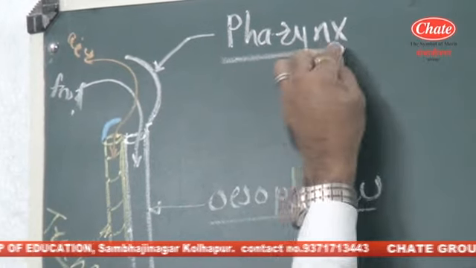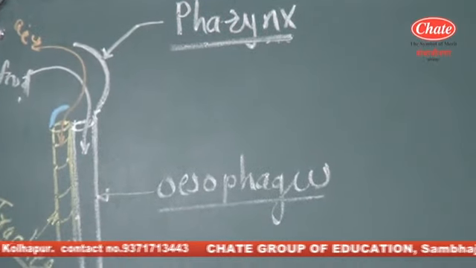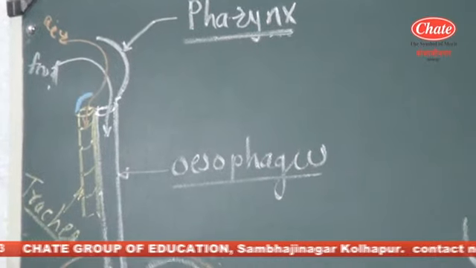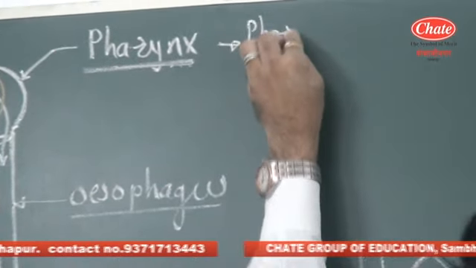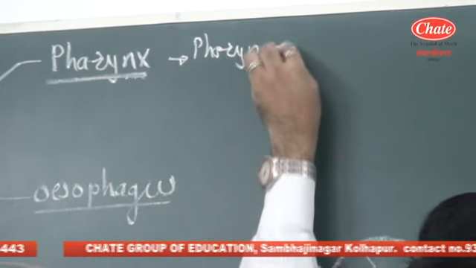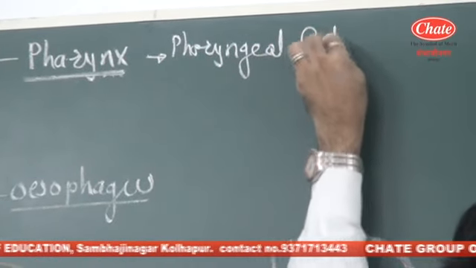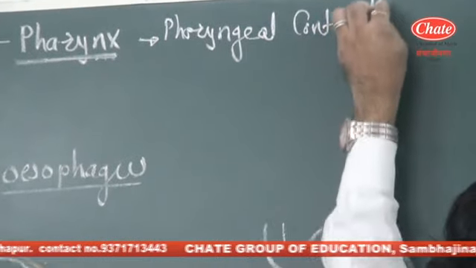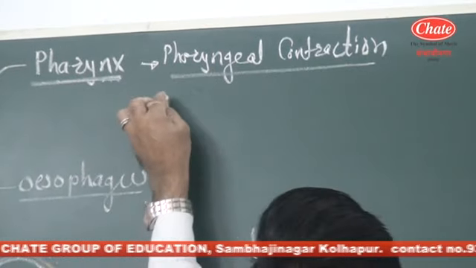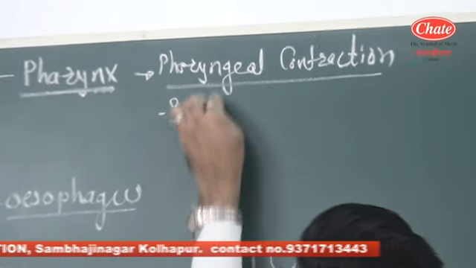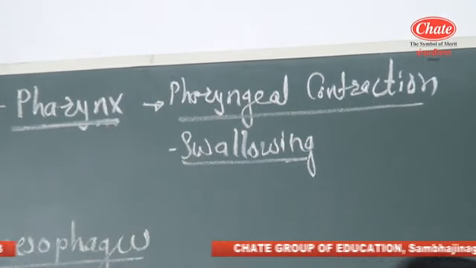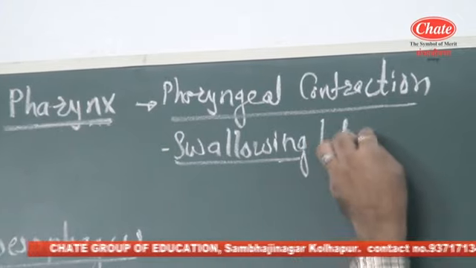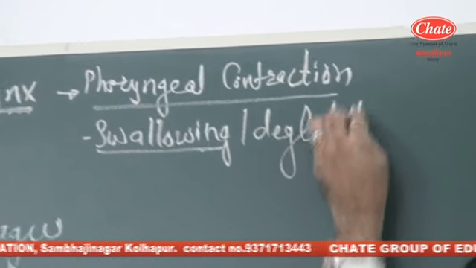This esophagus is lined by stratified epithelium, and this pharynx shows pharyngeal contraction, which is helpful in the process termed swallowing or deglutition.